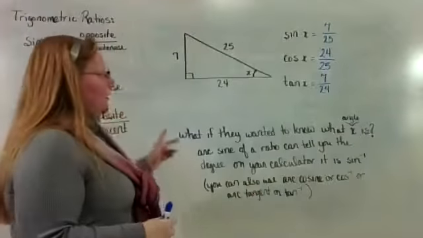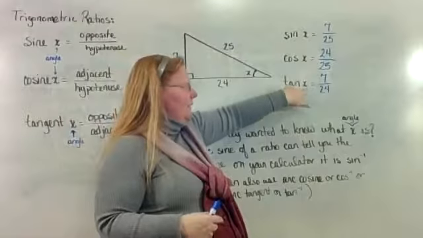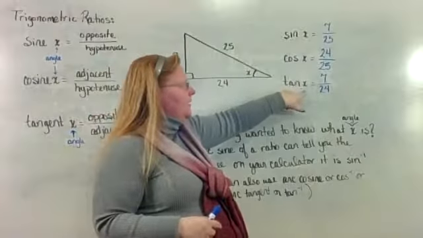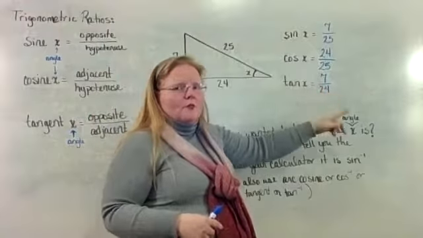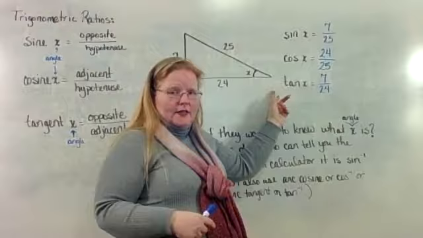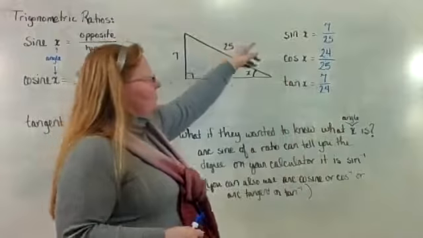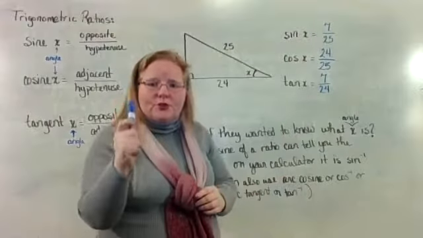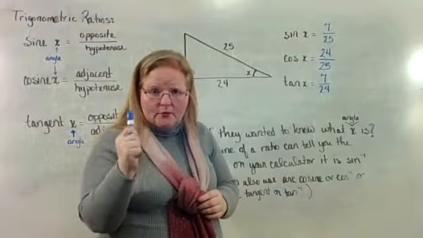So normally we know what our angle is. Here they just said x, but normally we know what our angle is and we'll get the ratio. But sometimes you want to figure out what the angle is. So I have 3 different ratios here I can use to figure out what the angle is, but you're going to have your calculator with you.